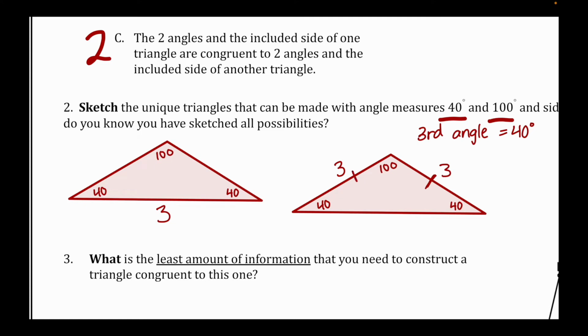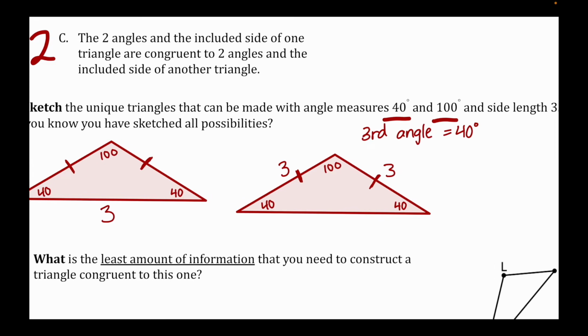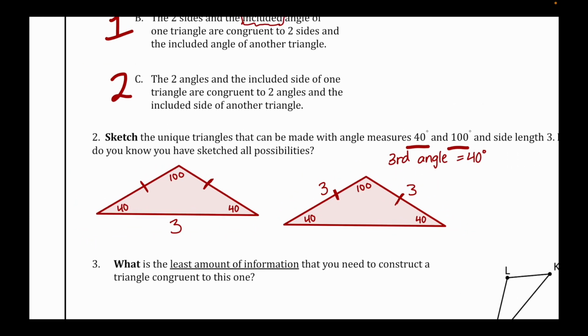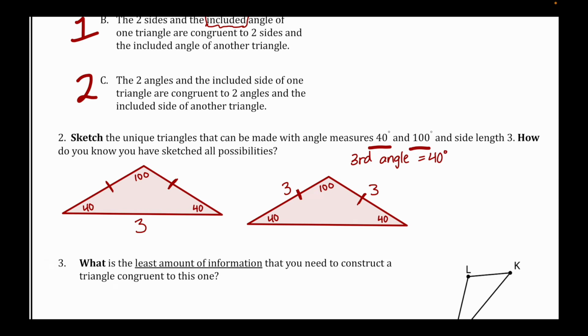So maybe not a theorem we've discussed yet in class, but I know that I've sketched the correct triangles and the only two options, because really, if I tried to draw this other triangle with one side being 3 on the left, the triangle with a 3 on the right is actually the same exact one.